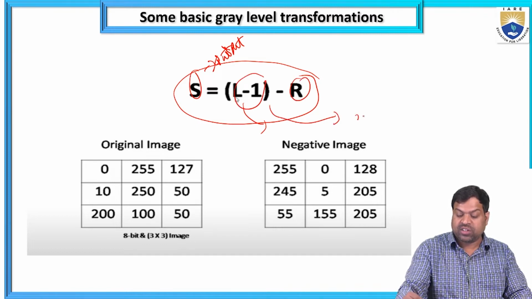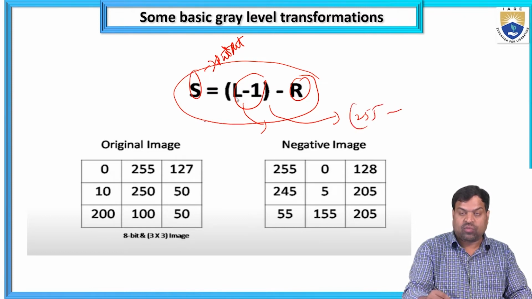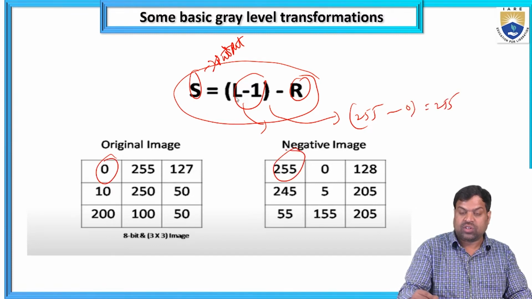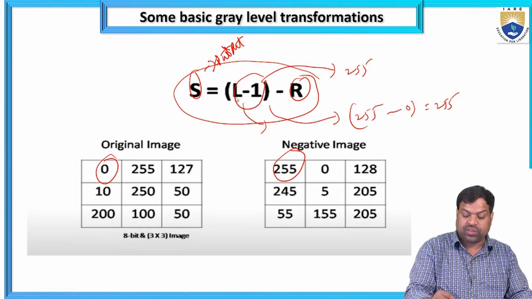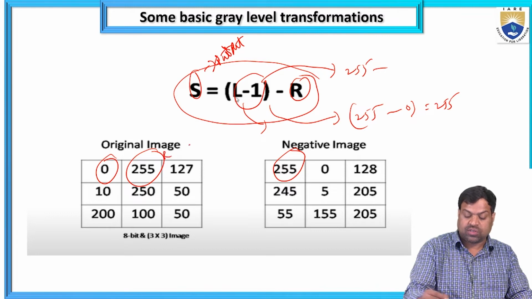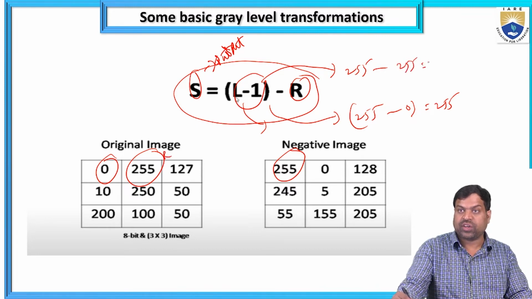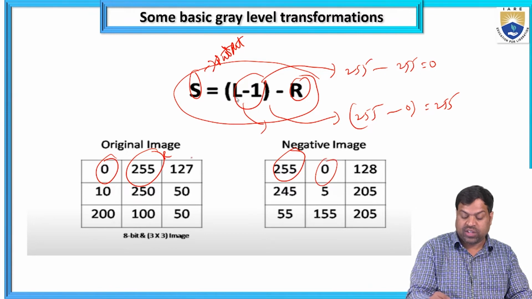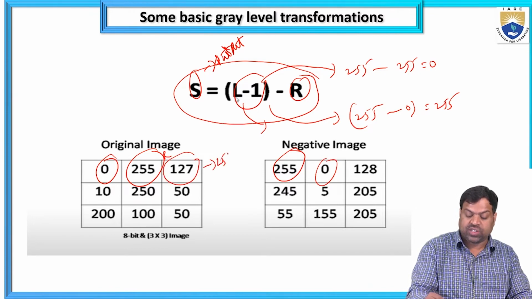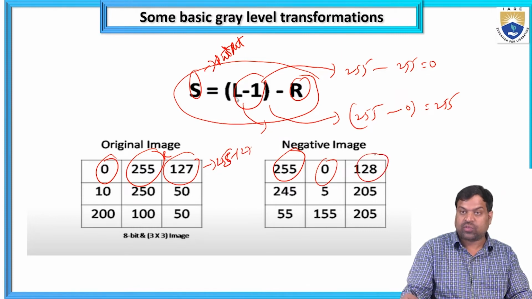L minus 1 is 255, minus R equal to 0. What is the answer? 255. Next, L minus 1 is always a constant, 255. Taking R equal to 255, 255 minus 255 is 0. Taking 127, 255 minus 127 is 128.